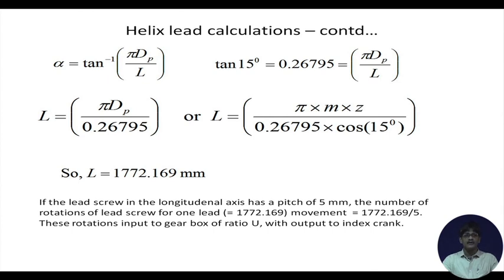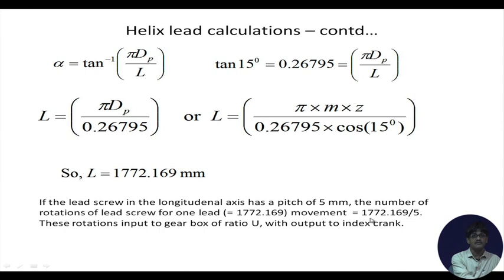So, how many rotations of the lead screw would be required to get 1772.169 millimeters? Naturally, divide this distance by the pitch of the lead screw and you will get the number of rotations. That is what has been said here. See, the number of rotations of lead screw for one lead movement, lead being 1772, etc.